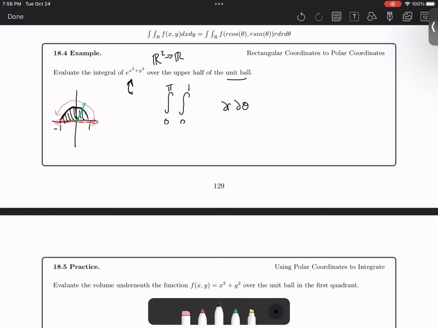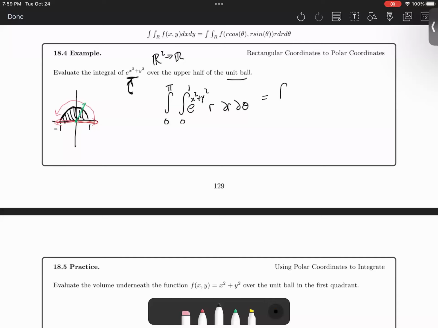All right, now I want to integrate this function. So I have e to the x squared plus y squared times an r. I guess this is kind of bad notation because I have a mixture here, Cartesian and polar coordinates. I need to replace that x squared plus y squared with r's and thetas.